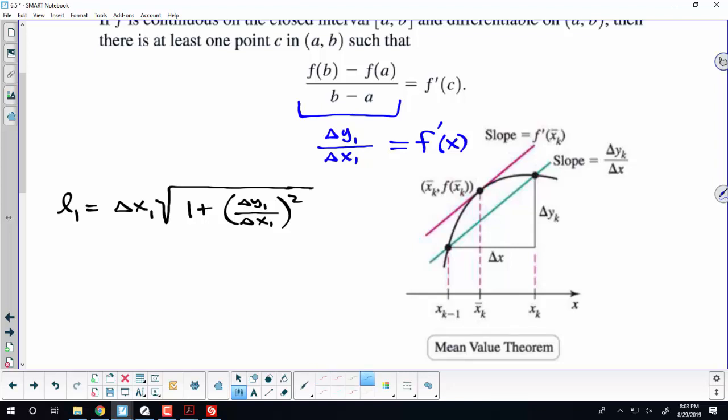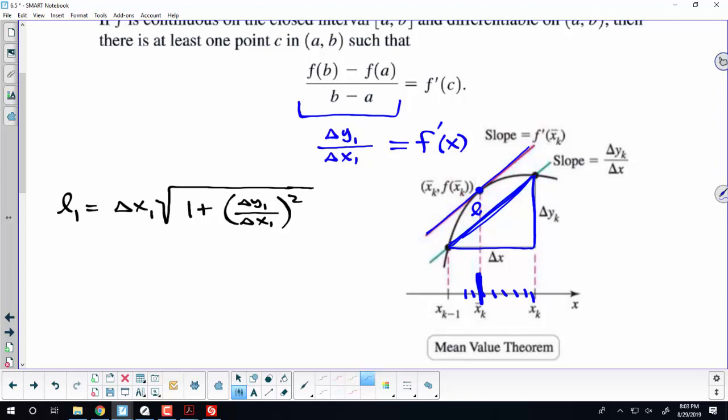So, view this as our L1. This is the L1 that we're measuring. Here's our delta x or delta y. Visually we can see some x value in here, this one in particular, is where this slope is the same thing as my derivative at that point.